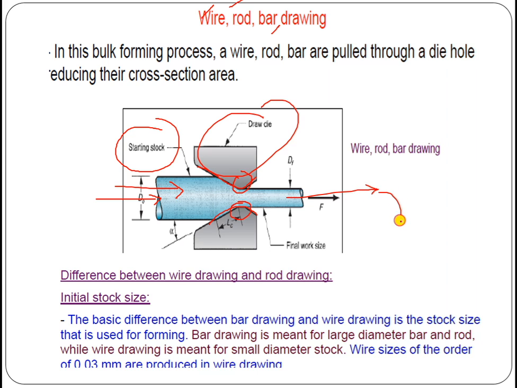This is a single pull only. After that, the second pull will be there, the third pull will be there. In this way the wire formation is done, and for rod as well as for bar, because dimensions are higher. Dimensions are higher in this case, so it is just like our extrusion process. So that is very important.